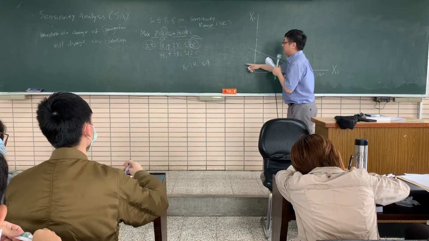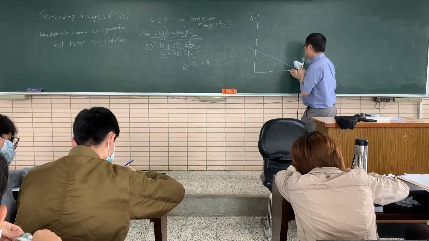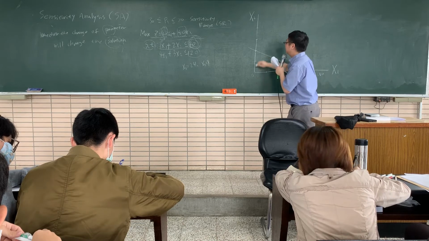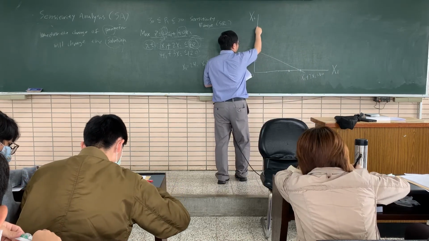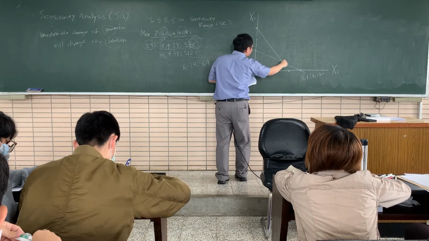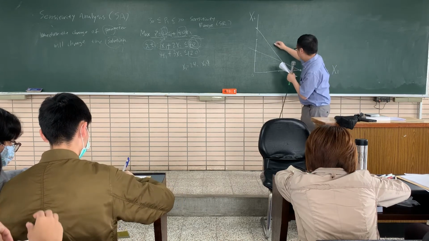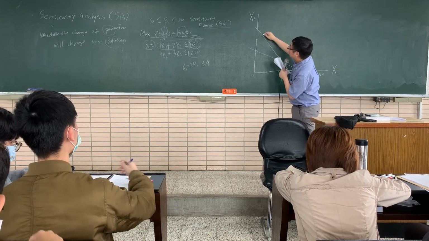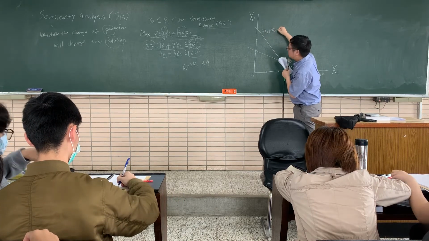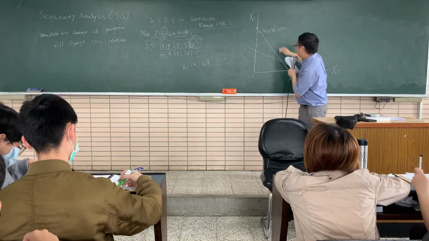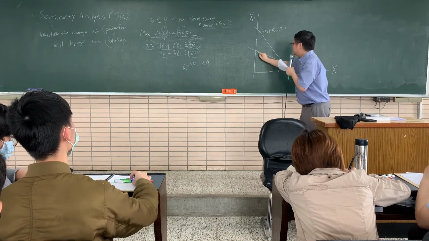The second line for constraint, 30, 0, 0, 40. Okay, the feasible solution area is the intersection of here.